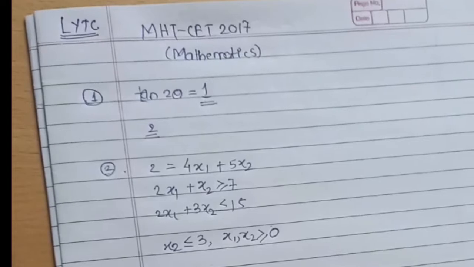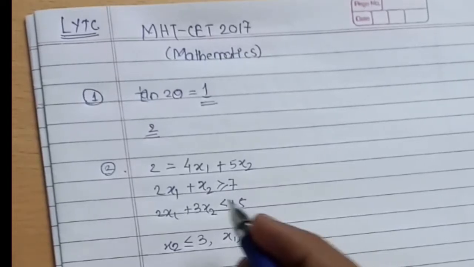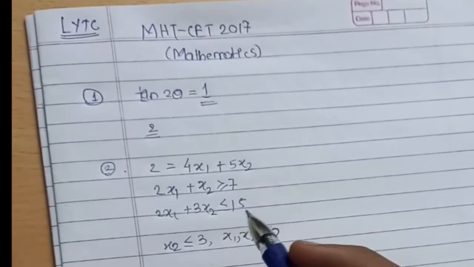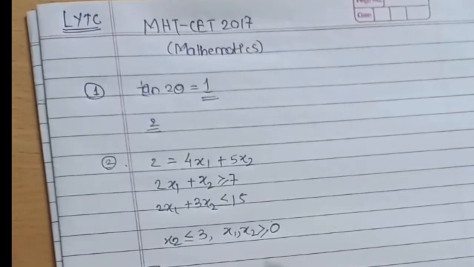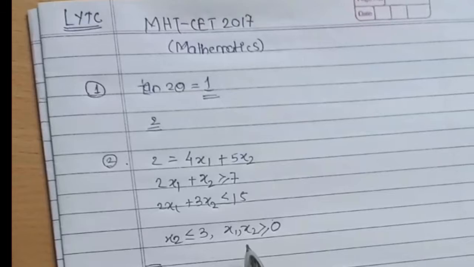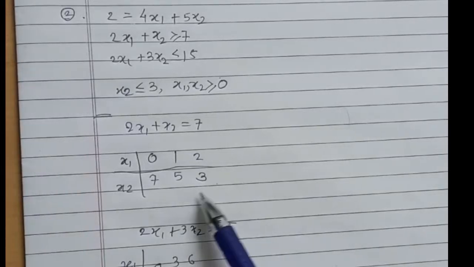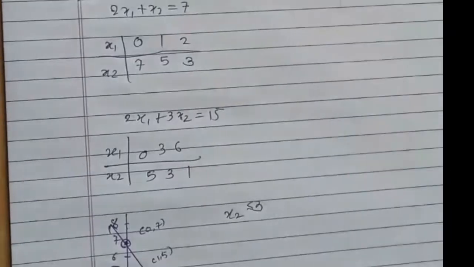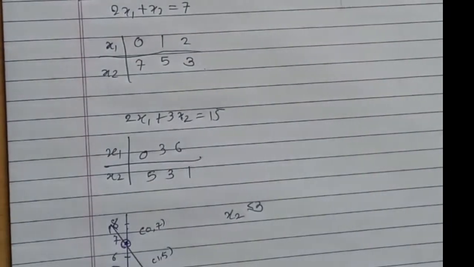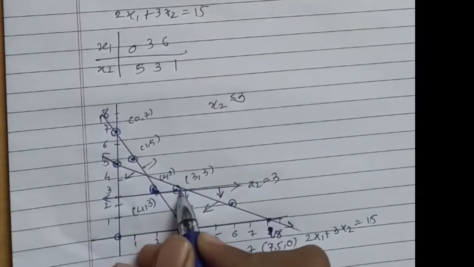To find that, first we have to draw the graph, because there are not many shortcuts regarding it. We have to draw the graph, locate the points, and find the minimum value at the corner points. After making the table for these equations and drawing the graph, you should find the corner points of that graph.